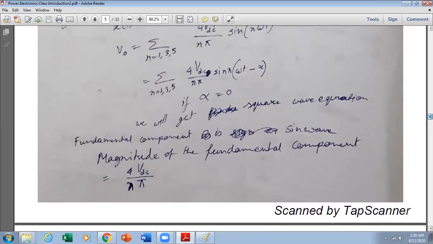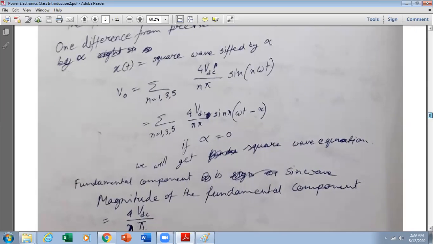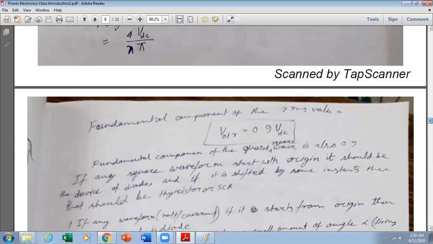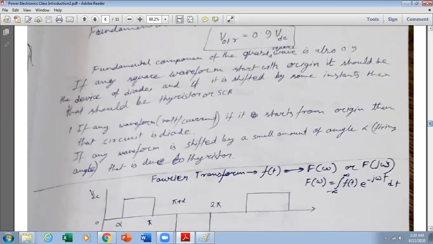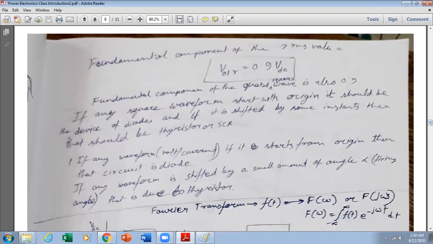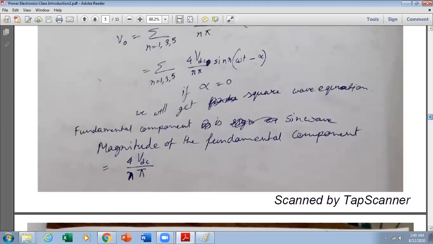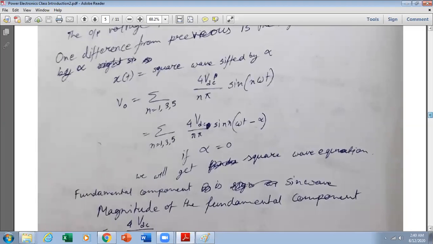It was discussed in the previous class that this is the RMS value of the fundamental component. If the square wave is shifted by alpha, then the output voltage should be like this.